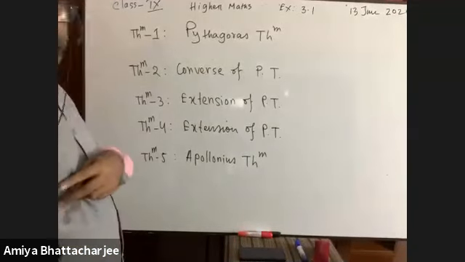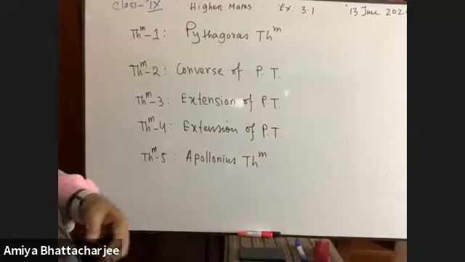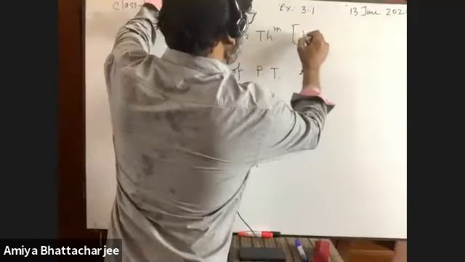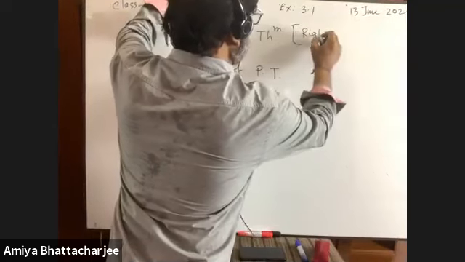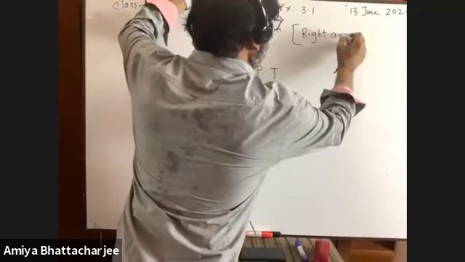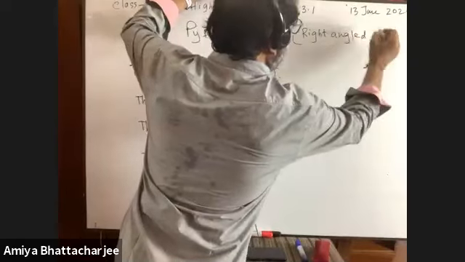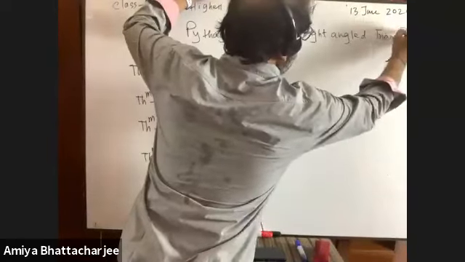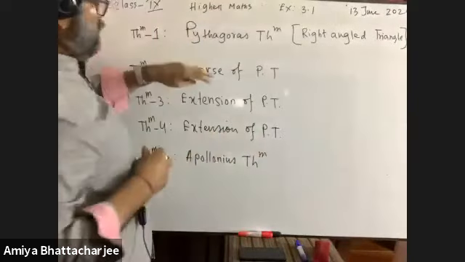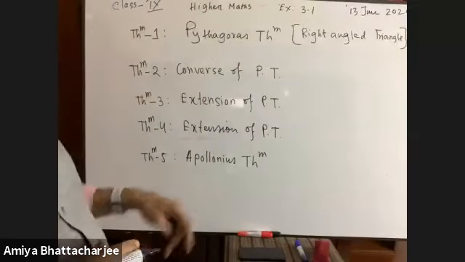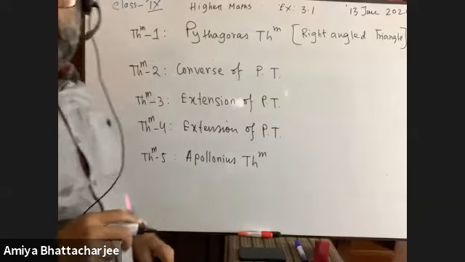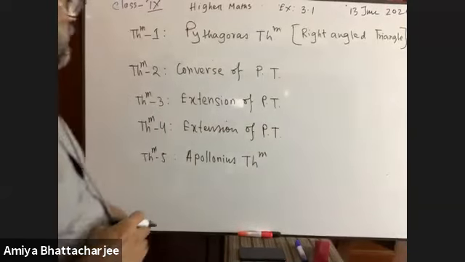Pythagoras theorem is based on a right angled triangle. The converse theorem of the theorem of Pythagoras is also based on a right angle triangle.